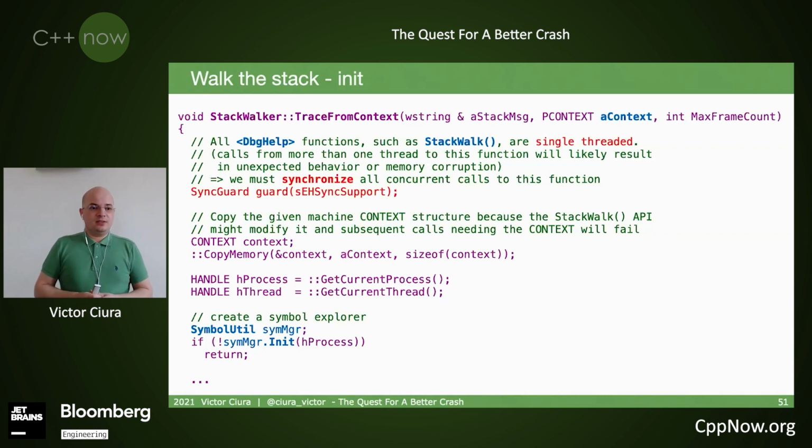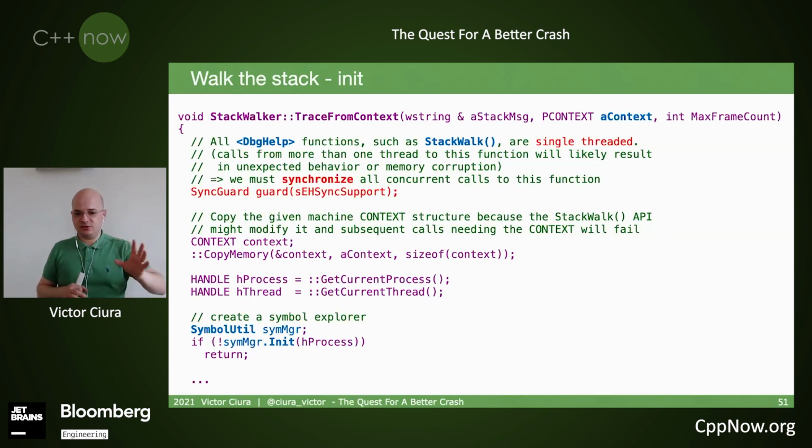Everything here comes from the Debug Help Library from Windows. Functions such as StackWalk, basically all APIs from the Debug Help Library, are single-threaded. So calls from more than one thread to these functions need to be properly protected.